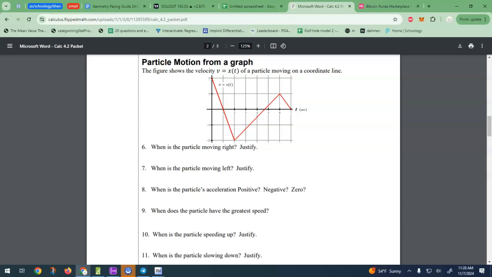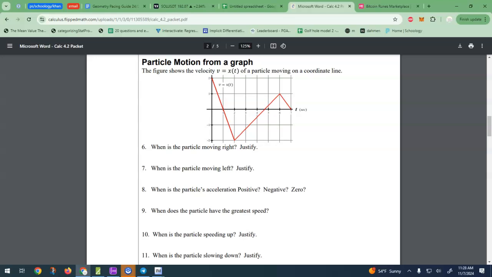So right here, is the slope positive or negative? Negative. So therefore, is the derivative positive? Negative. So therefore, is the acceleration positive? It's going to be negative. So the slope of velocity is acceleration because the derivative of velocity is acceleration.